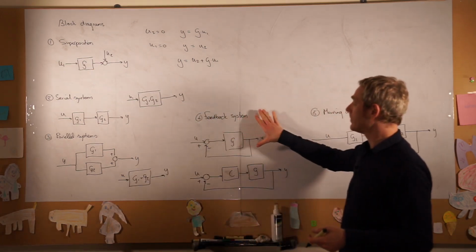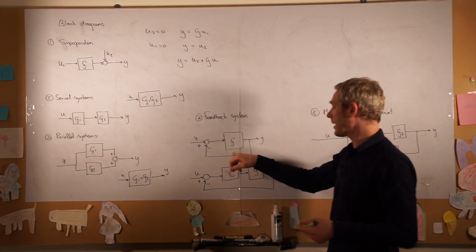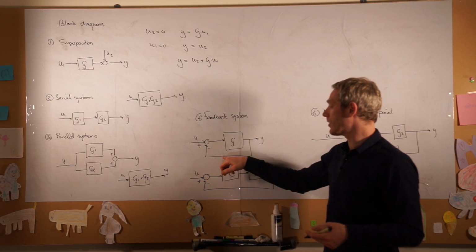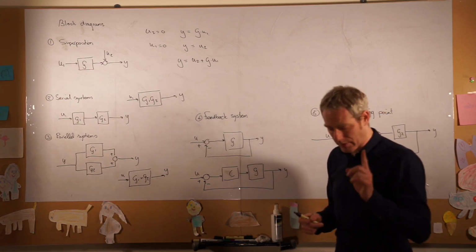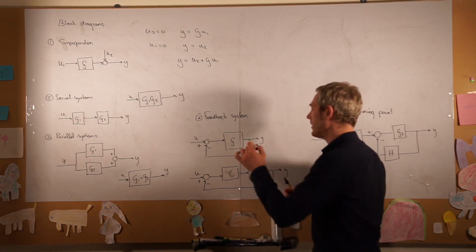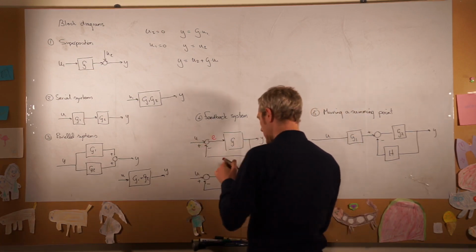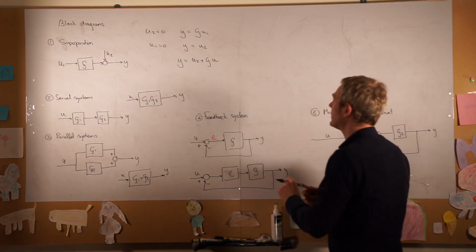If we have a feedback system with unity feedback, and with unity feedback I mean that there is no factor or transfer function in the feedback path, we can write it out, but there's a trick to this. We first determine this difference and call it E, which will be our error function.